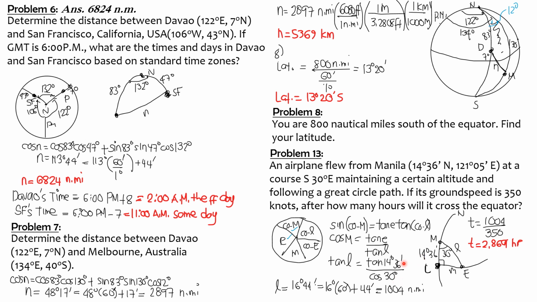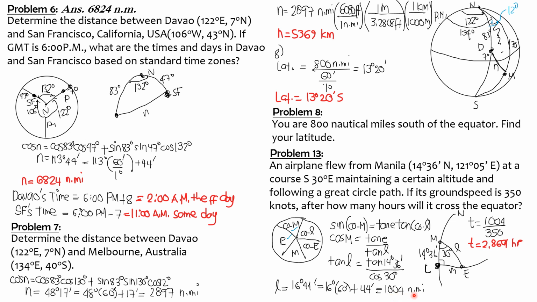Then taking the inverse tangent, we find L, the length of the path of the plane, 16 degrees 44 minutes. Convert this to minutes: 16 degrees times 60 minutes per degree plus 44 is 1004 minutes, and that's also 1004 nautical miles.